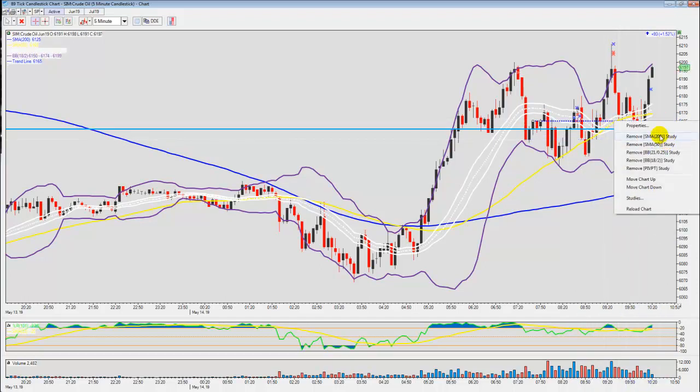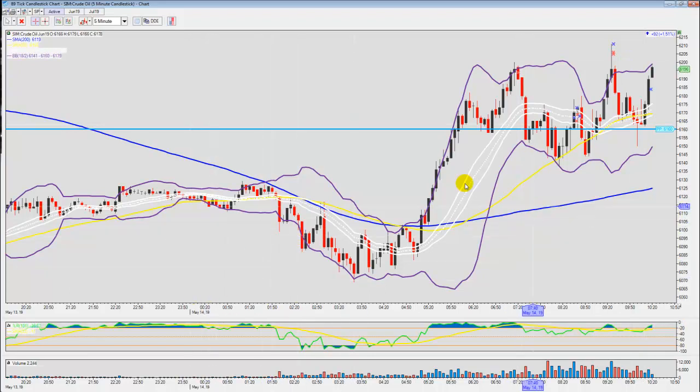So what we see happening today until right now is that the stronger part of the pattern today was the higher low.